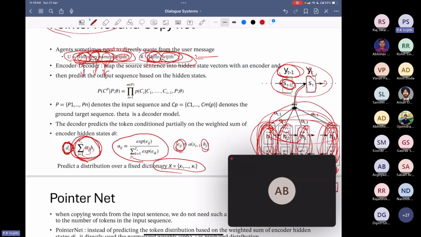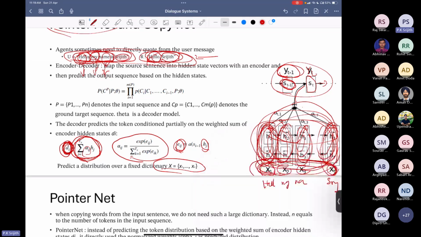Yeah, so when it comes to the standard encoder decoder, this DI that you have formed out of this weighted combination of the hidden representations will be used for getting some kind of a probability distribution over all possible words using the softmax function, right? And then you try to predict the word that has the highest probability.